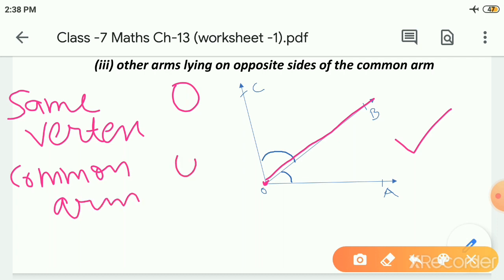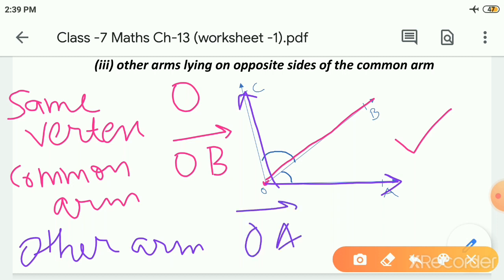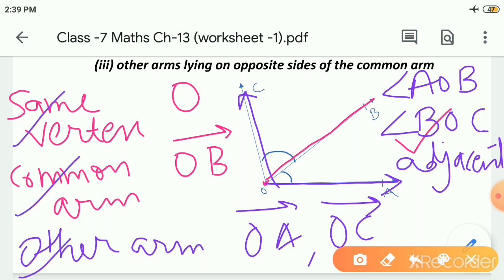The opposite arms, the two different arms on opposite sides, are OA and OC, and they are always on opposite sides. If these three conditions are satisfied, then we say that angle AOB and angle BOC are adjacent angles. Adjacent means nearest. And these three conditions must be satisfied for that.